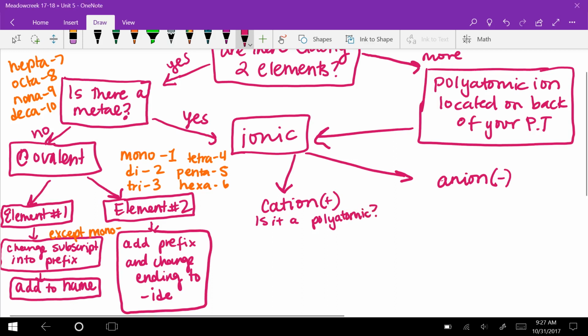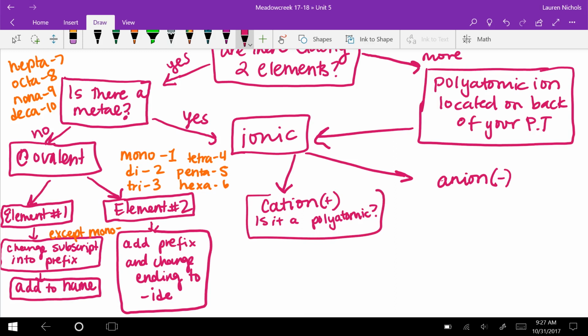You potentially could have gotten there through the pathway to the right about having 3 or more elements. But if you got through the left pathway, where there are still only two elements and there is a metal, then you still need to figure out whether the cation is a polyatomic. If the answer is yes, then you name it off the chart.